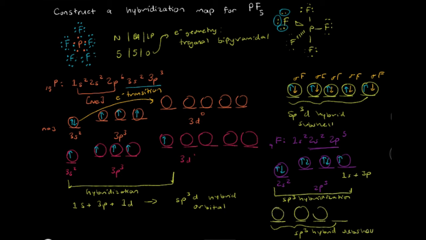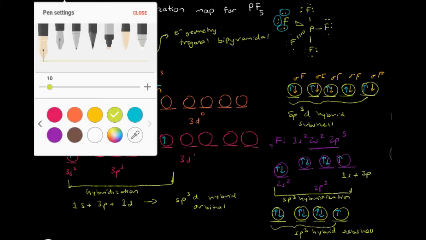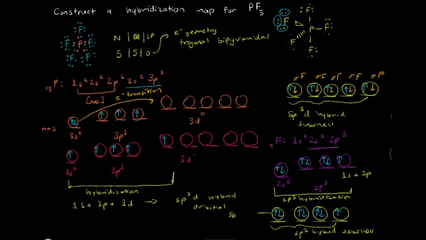I'm just going to redraw them, but now they're all the same energy. So now you can see we have a lone pair here, a lone pair here, a lone pair here, and this half-filled orbital, and these are examples of sp3 hybrid orbitals. So one of these guys here is an sp3 hybrid orbital.